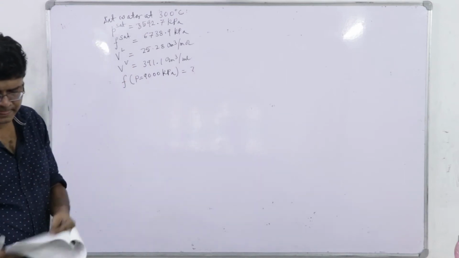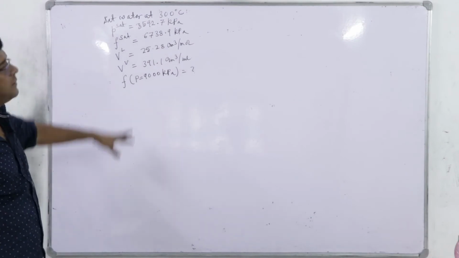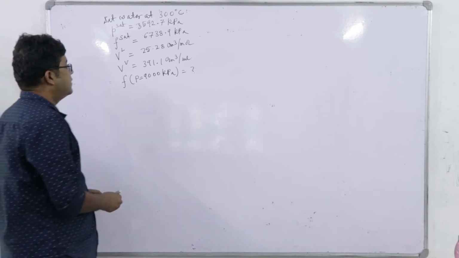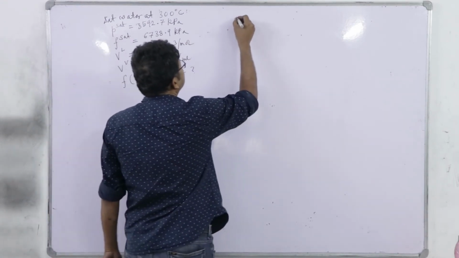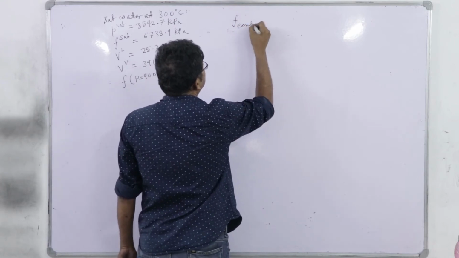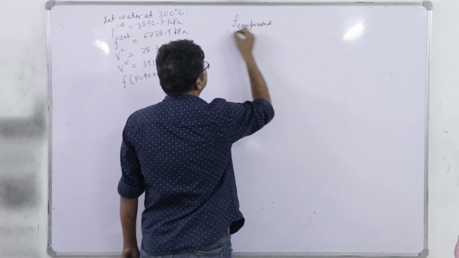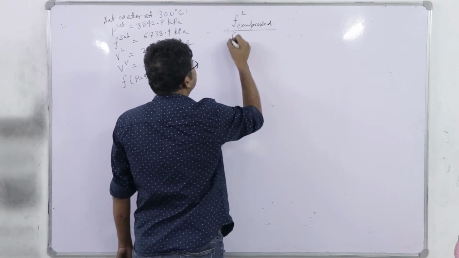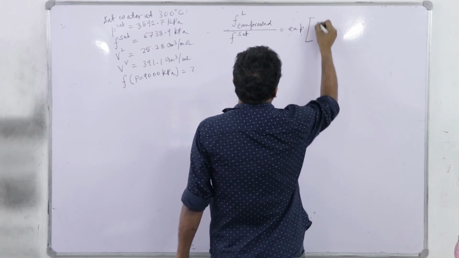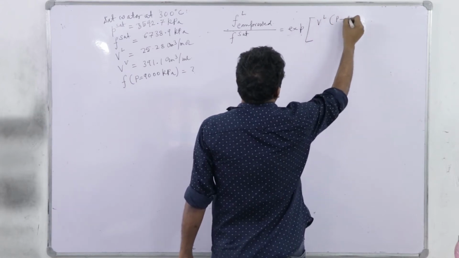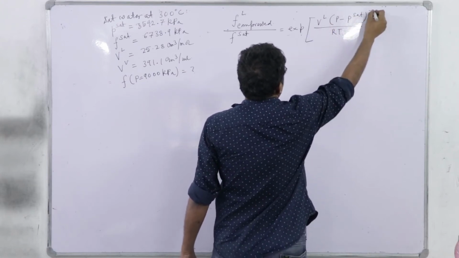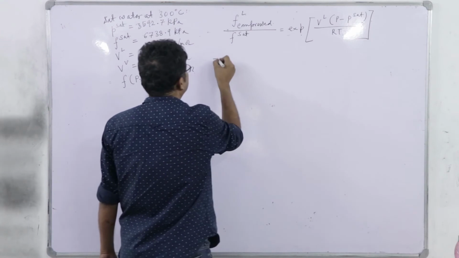Okay. So, it is pretty obvious that we have to use the concept of Poynting factor, which states that f compressed liquid over f saturation equals exponential of VL times P minus Psat by RT, right.